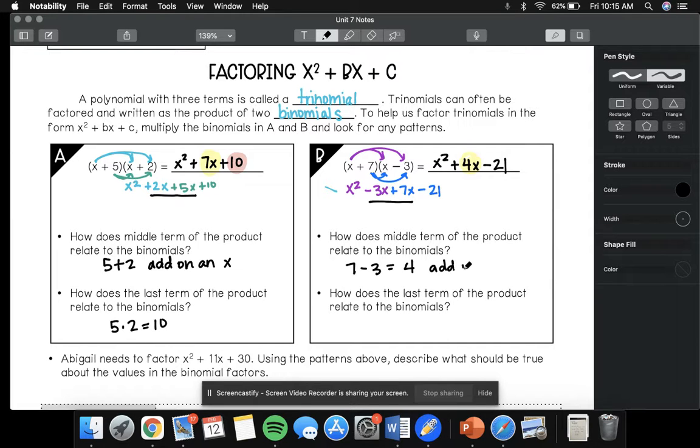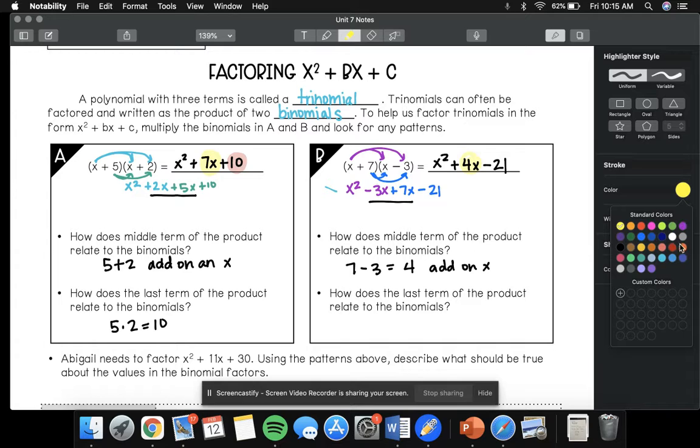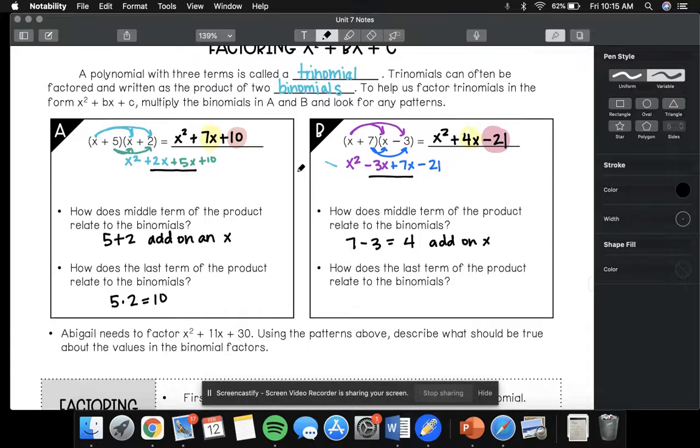And then you just add on an x. The next question is, how does the last term relate to the product of the binomials? Well, the product is negative 21, and 7 times negative 3 equals negative 21.